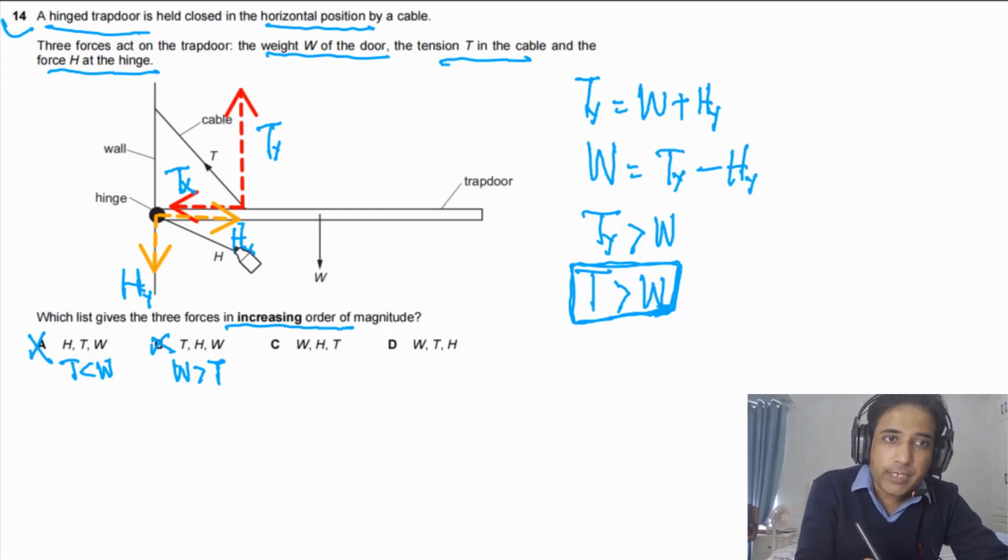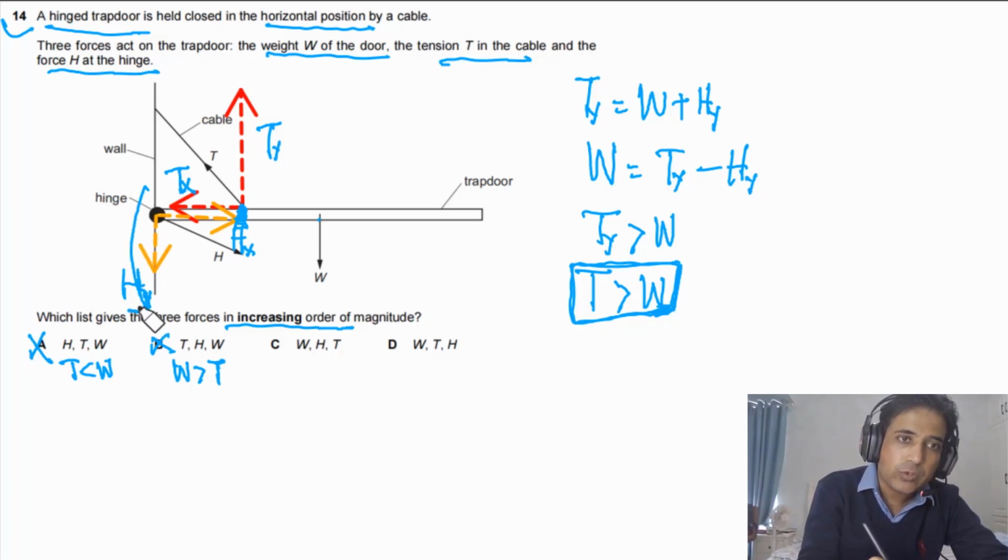In order to compare H and W, we can take moments about this point. The distance from this pivot to this point and the distance from this pivot to this point are almost the same, about halfway. So the moment due to this one will be counterclockwise, and the moment due to this one will be clockwise about this point.